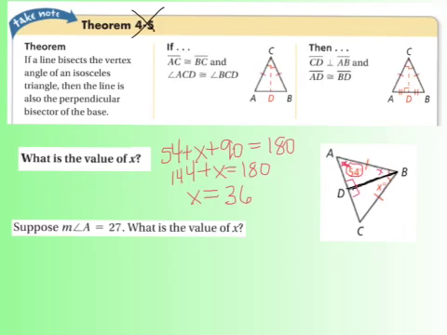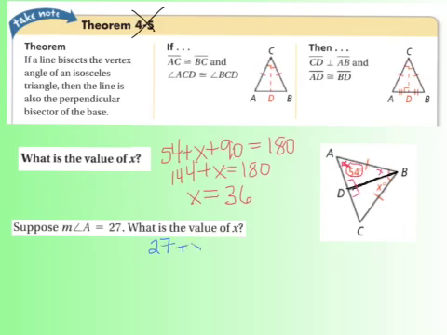The second problem says, suppose the measure of angle A equals 27. Alright, so let's go back over here. But it says, suppose the measure of angle A is 27. What is the value of x there? All we have to really do is substitute the value of 27 for 54.